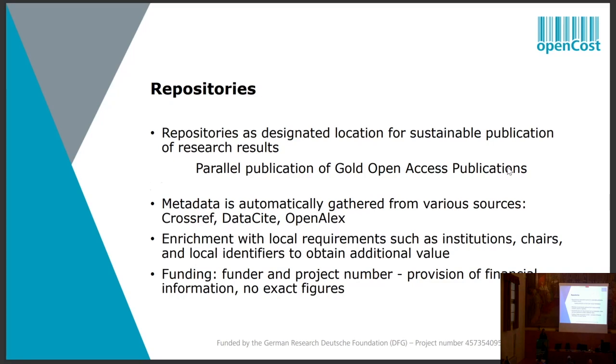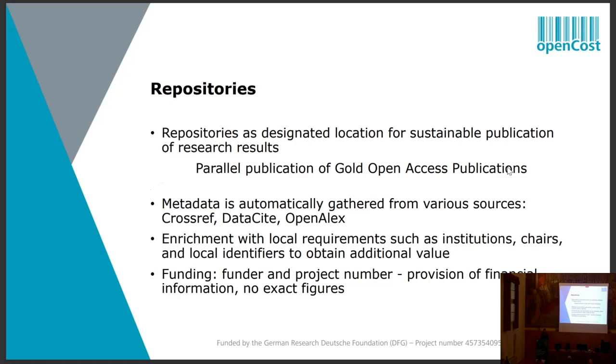Further on in repositories, we can really enlarge our metadata from open sources, from closed sources, from open sources like DataCite, like OpenAlex, Crossref, and so on. And we can enrich the data also with local metadata like the institutions of a university, like the chairs, local identifiers, and so on. We have a lot of value there.